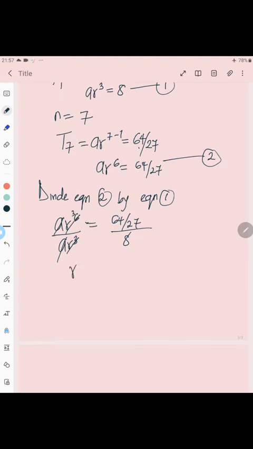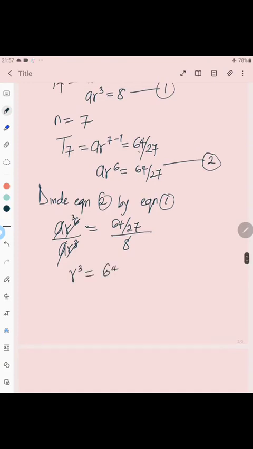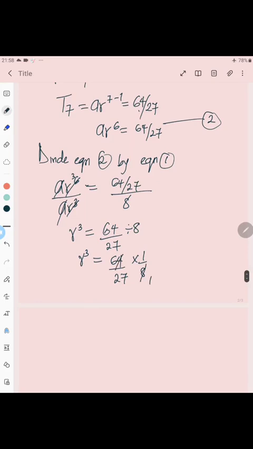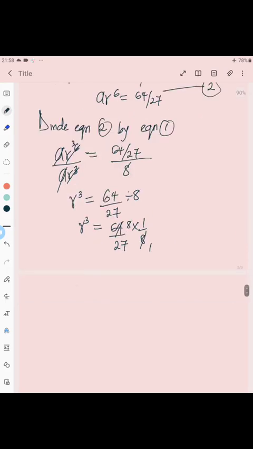So we have R to the power of 3 is equal to 64 over 27 divided by 8. Mathematically, this is the same as 64 over 27 times 1 over 8. Simplifying this, we can break it down to the lowest term. 8 here is 1, and 8 here is 8. We have R raised to the power of 3 is equal to 8 over 27.